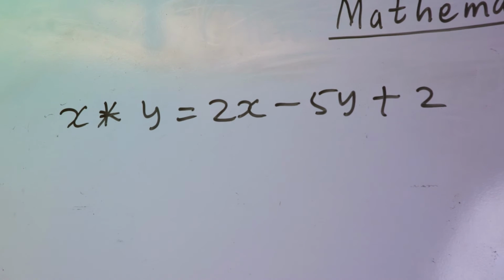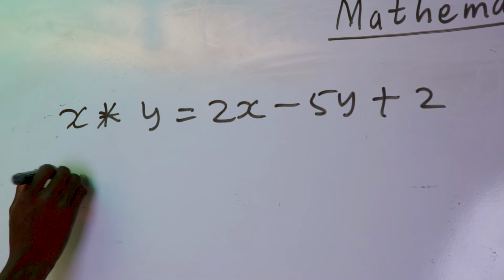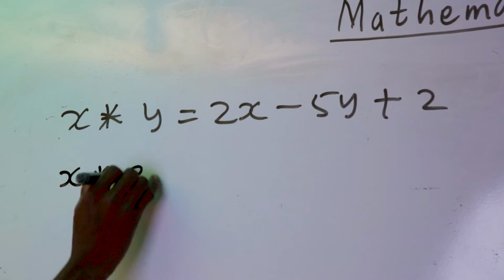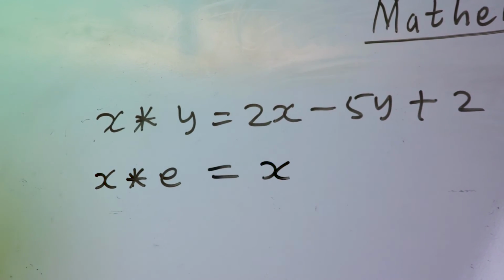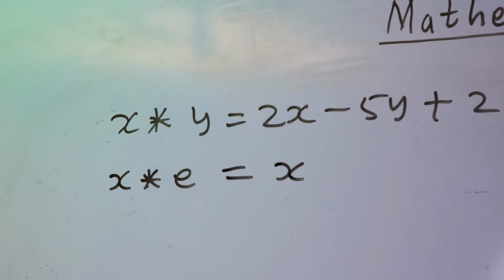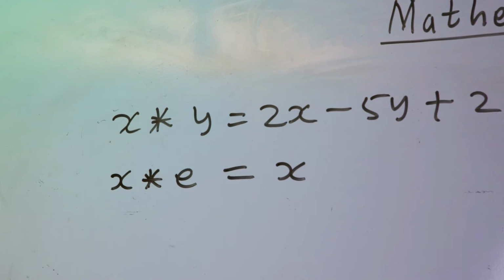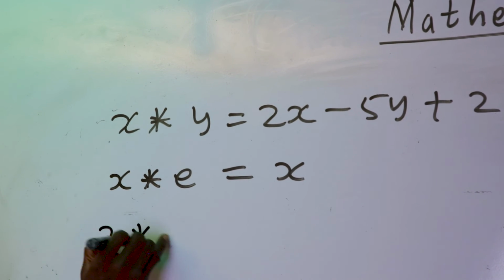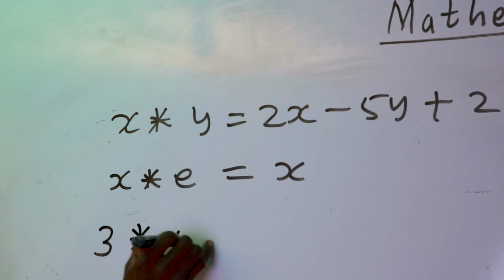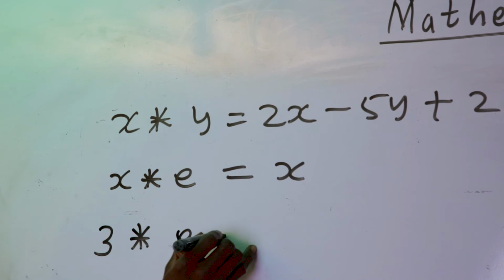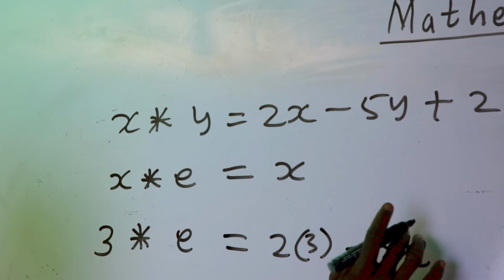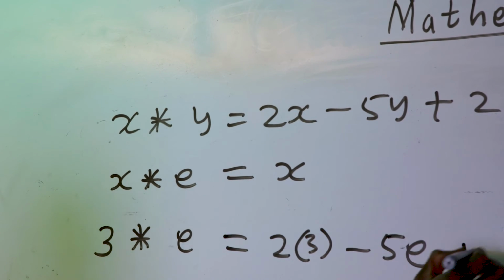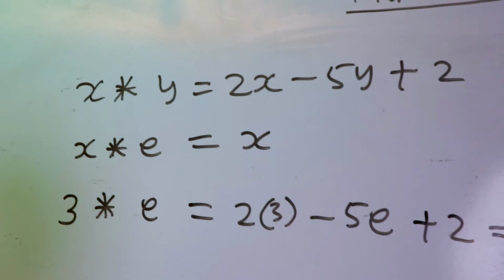We have to recall that when we want to find the identity of an element, x operating on its identity must give us the value of x. So in this case, to obtain the identity of 3, we have 3 operating on its identity e will be 2 into 3 minus 5e plus 2, and the result will give us 3.